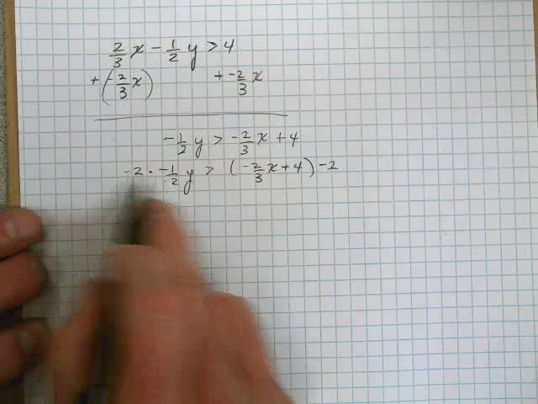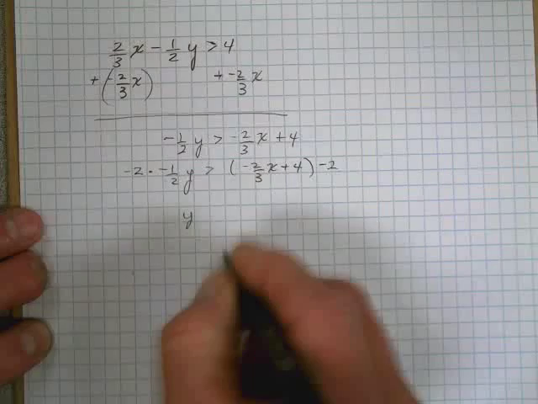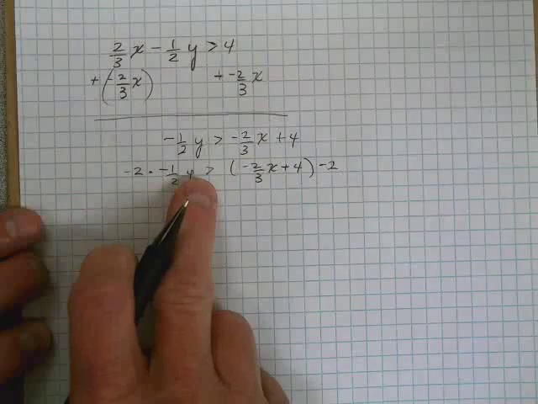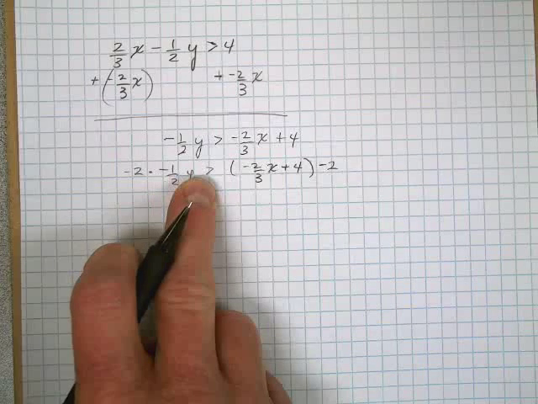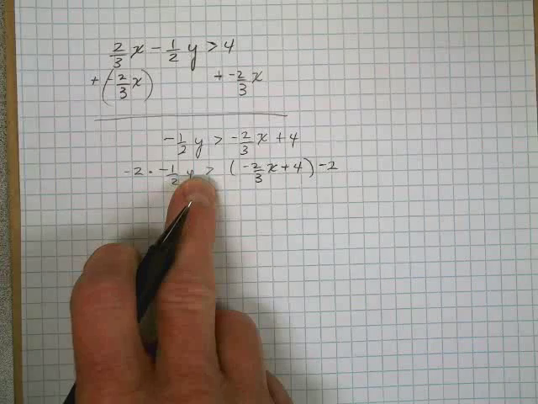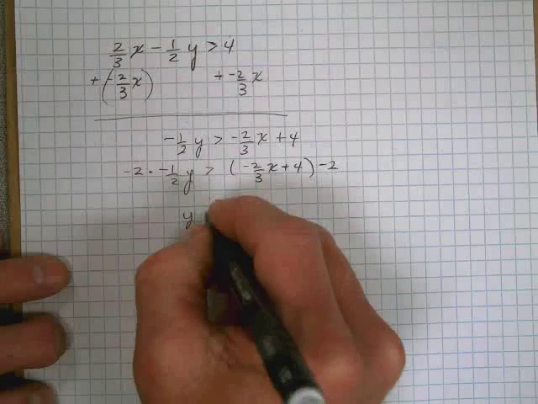So the result, -2 times -1/2 is 1, so that leaves us with 1y. Notice that we multiplied both sides of this inequality by a negative value, so I have to reverse the direction of the comparison symbol.